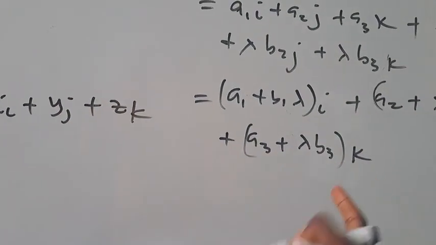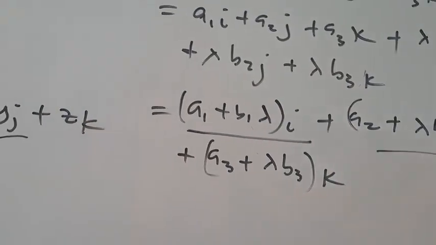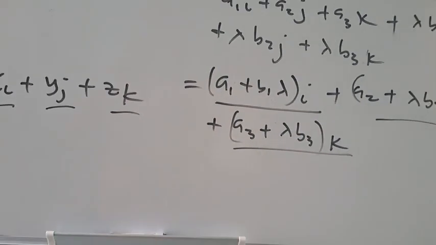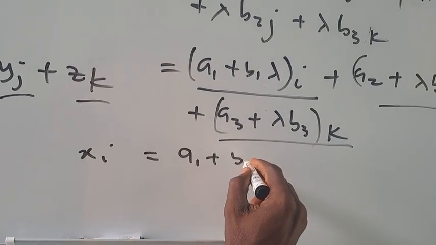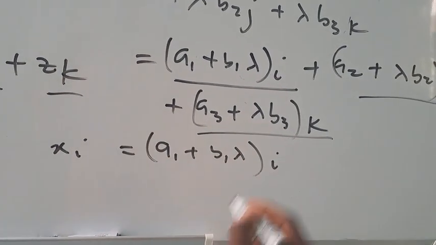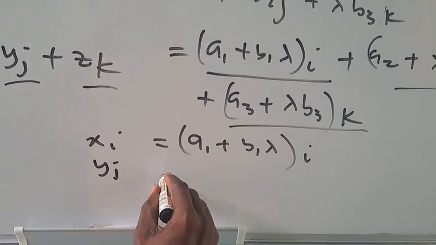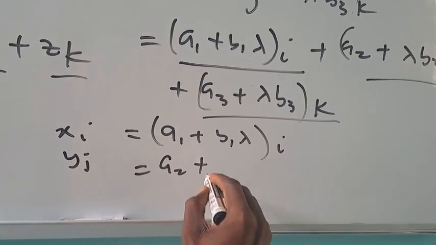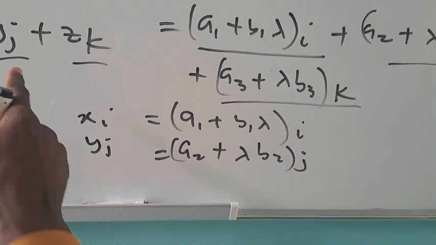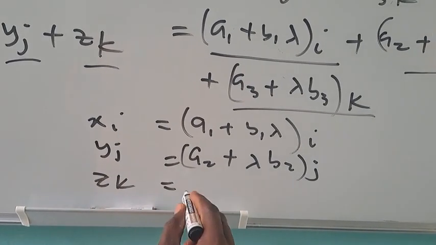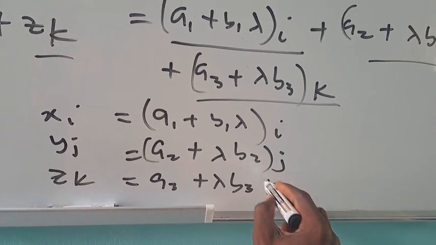So we are going to compare. The i component will go with this, the j component will go with this one, and the k component will go with this one. So we now have that x will be a1 plus lambda b1, y will be a2 plus lambda b2, and z will be a3 plus lambda b3.